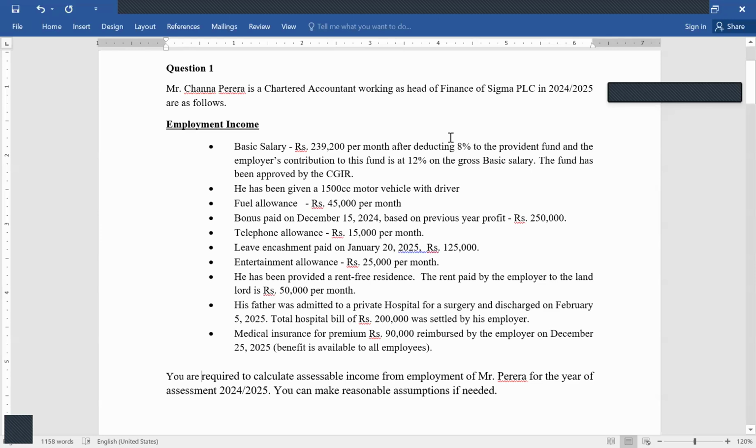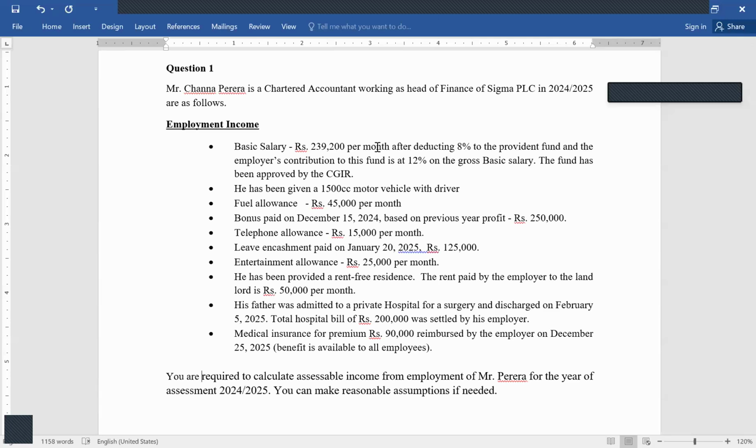Then the third column is for exempt or excluded amounts. The final column is for the liable amounts.